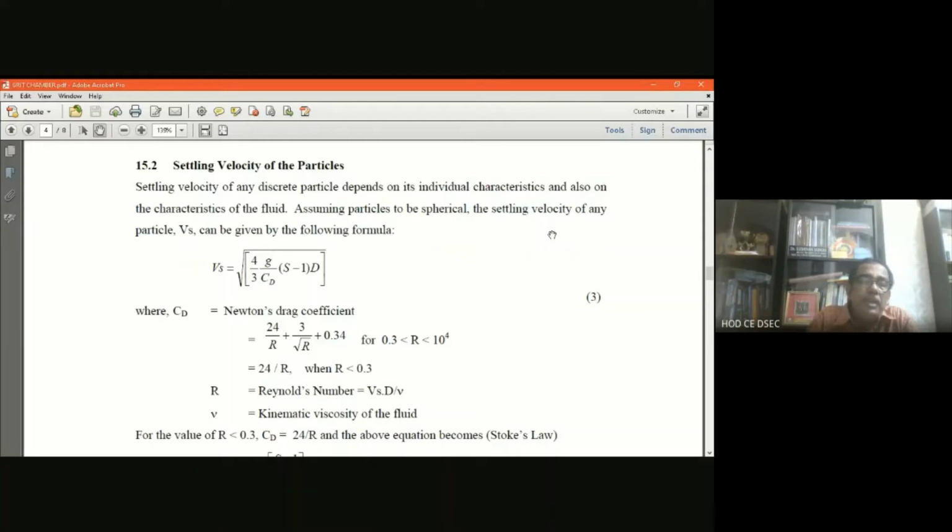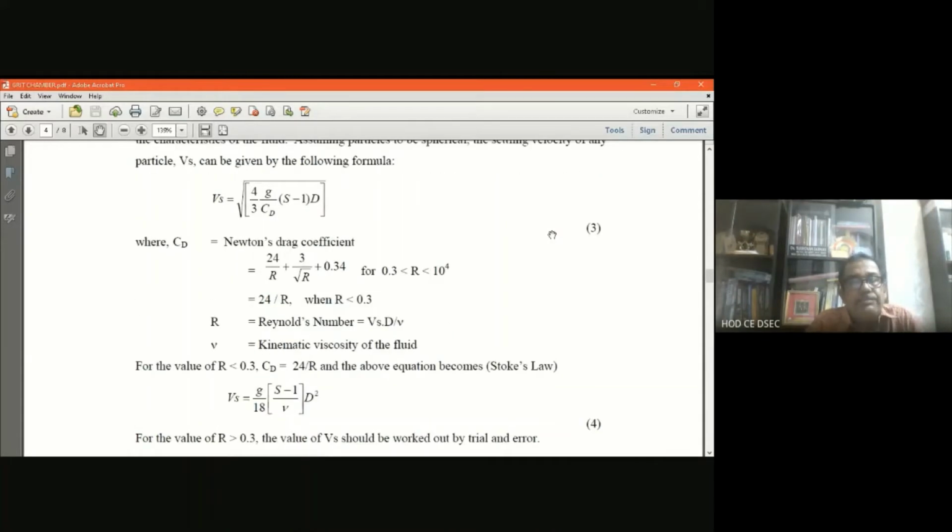The general formula for the settling velocity, including the drag, is Vs equals square root of 4 by 3 times g by Cd times (S minus 1) times d, where Cd is Newton's drag coefficient, equal to 24 by R plus 3 by square root of R plus 0.34 for R greater than 0.3 but less than 10 to the power 4. And if R is less than 0.3, then it is 24 by R.